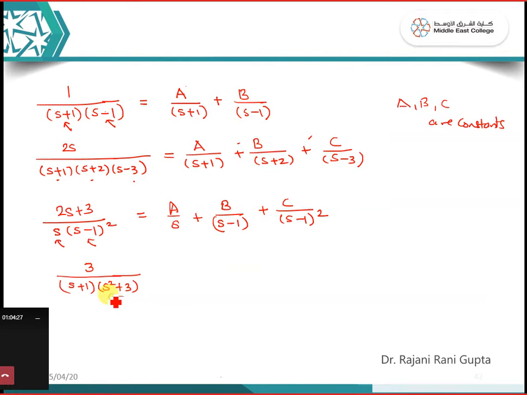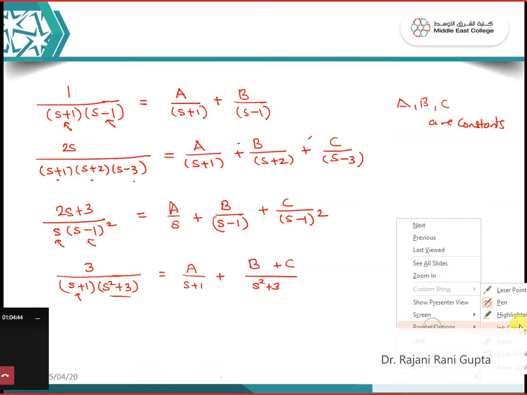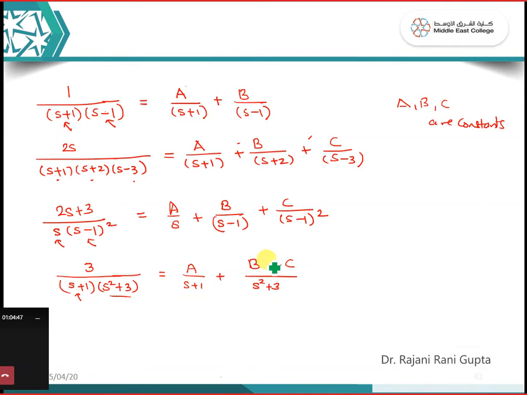So for s plus 1, it's linear, so A over s plus 1, and for s squared plus 3, you should have two different constants B and C, and with one of them it is important to write s, because if you write only B plus C, you can add them together and name another constant. So because of power 2 we need two constants, we use B and C and we multiply one of the constants with s.